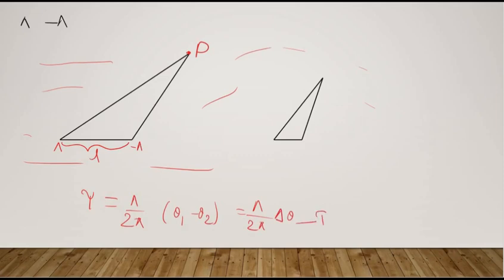Let us say this is our equation 1. Now this delta theta is nothing but your theta 1 minus theta 2, which would be this angle. If you have to note it in the figure, this would be your delta theta. Where would be theta 1 and theta 2? So this is our theta 1, and this would be your theta 2.